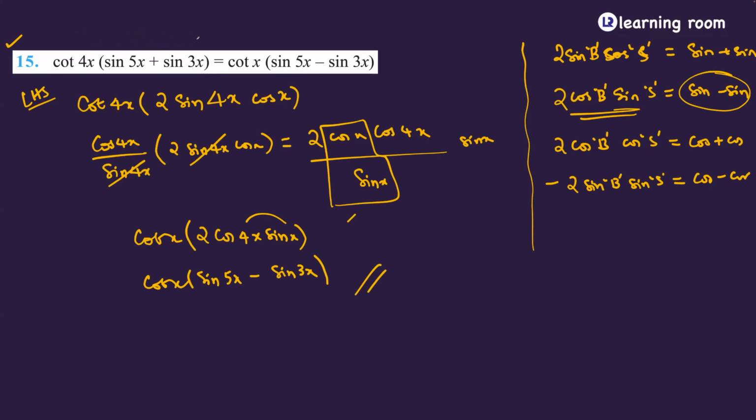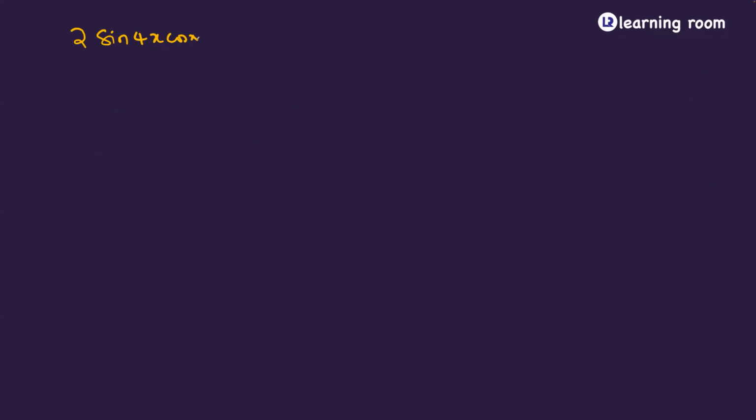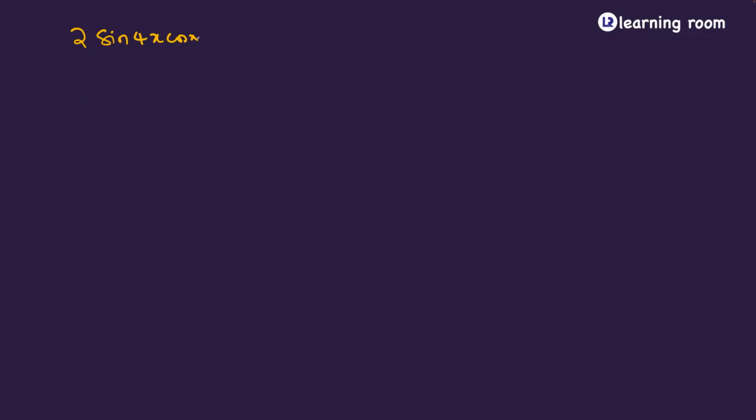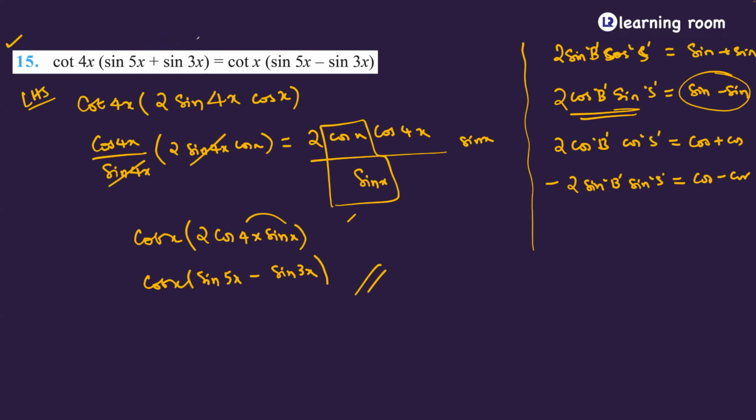Whenever you have a combination of sin and cos, it can either be sin plus sin or sin minus sin. So this gets eliminated to only two options.